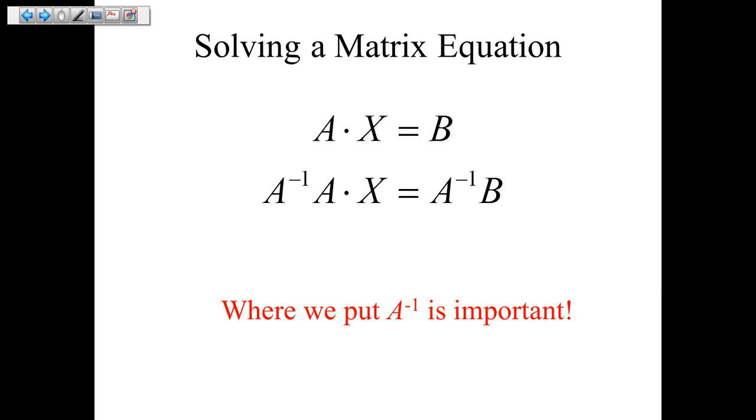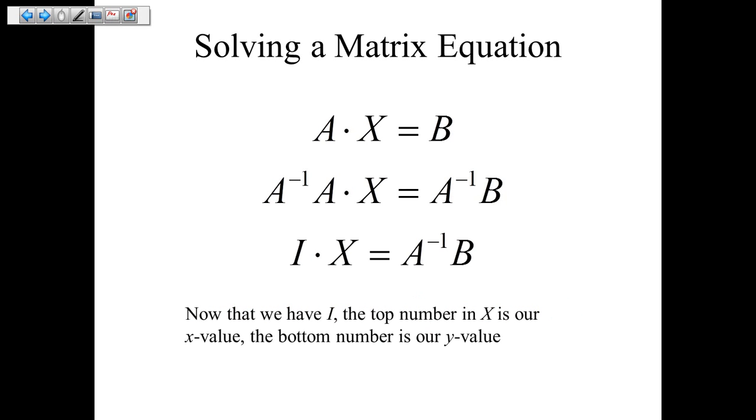So where you put that A inverse is important. It has to be in the front. Now, when we take A inverse times A, that's going to give us the identity matrix. That means that whatever numbers we get on the right side of the equation, the top number in that resultant is our x value, the bottom number is our y value.